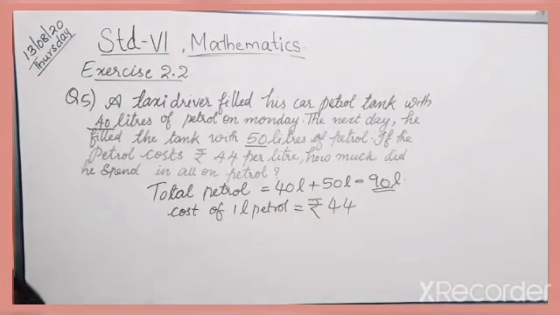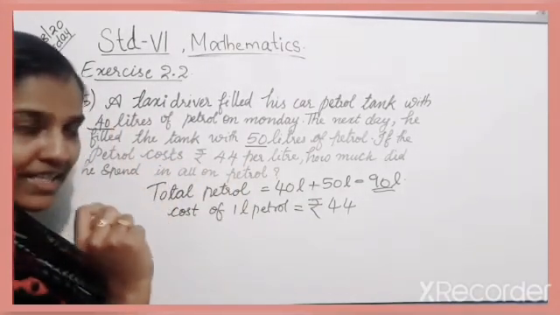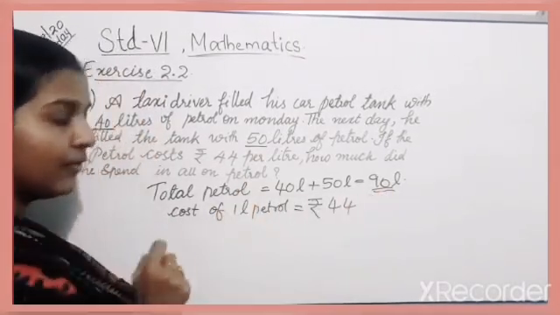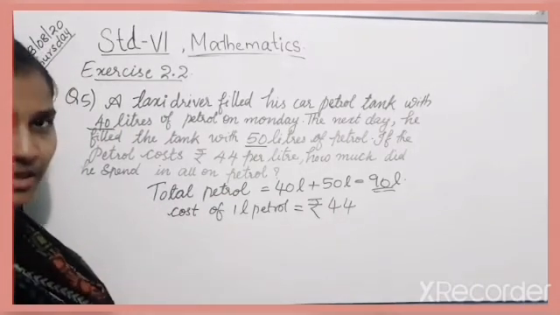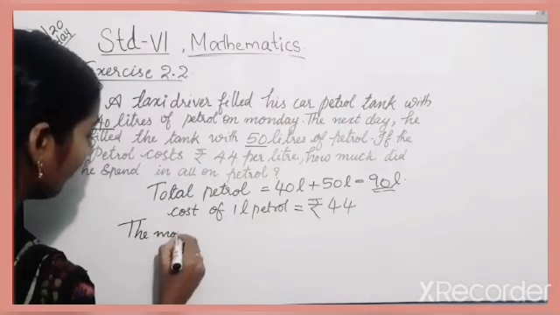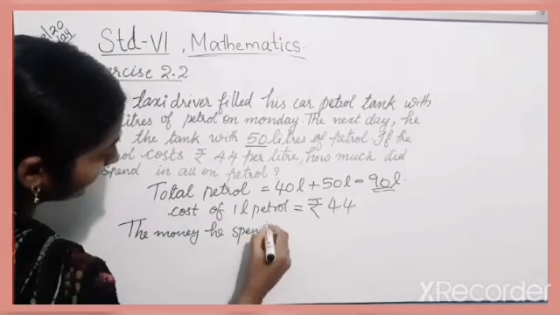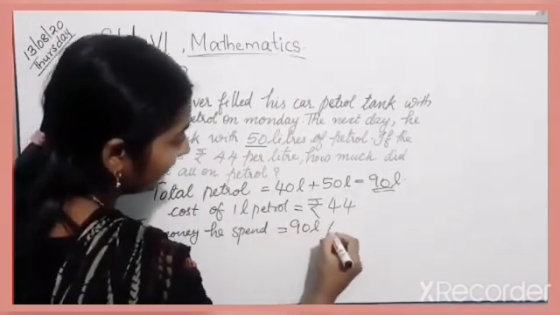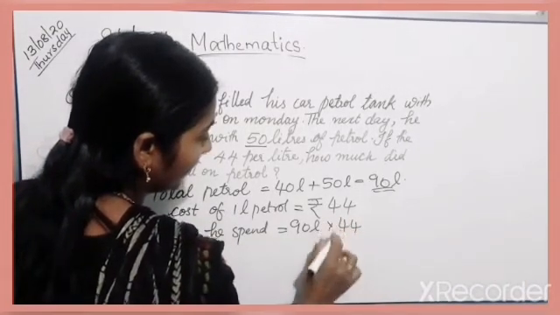Okay. So here, just like the apples question, you can multiply 90 with 44 to get the total money he spent on this. So the money he spent is equal to 90 liters into rupees 44.